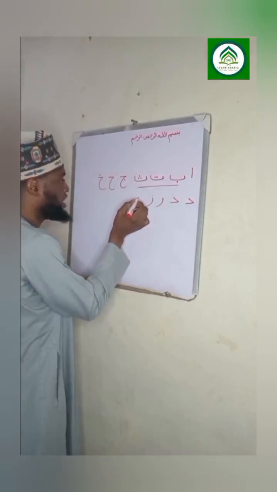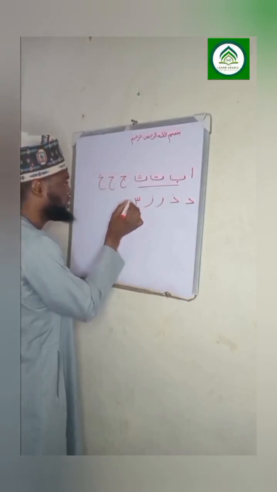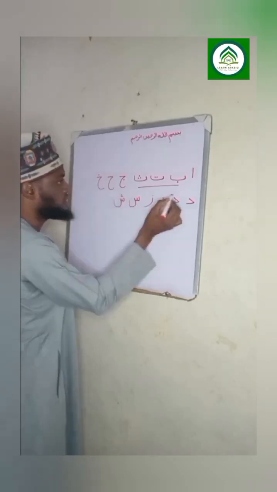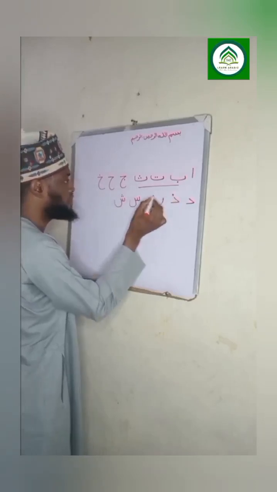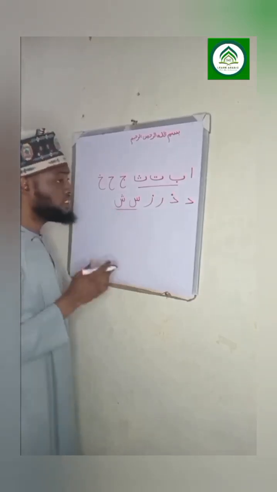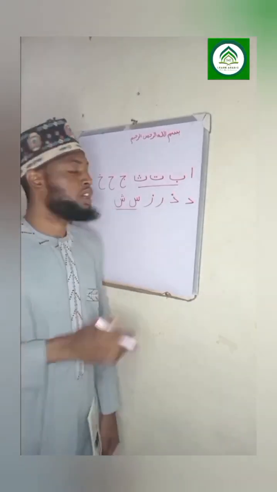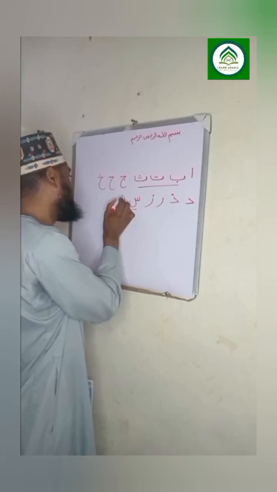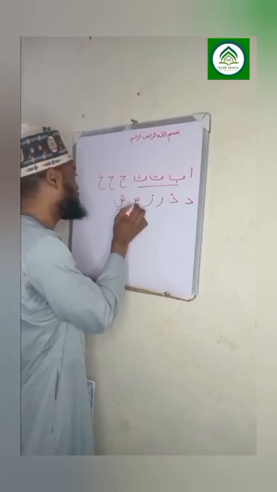The next letter is Sin. You see these letters, they look the same, they have the same shape, although this one has three dots on top and this one has no dots.